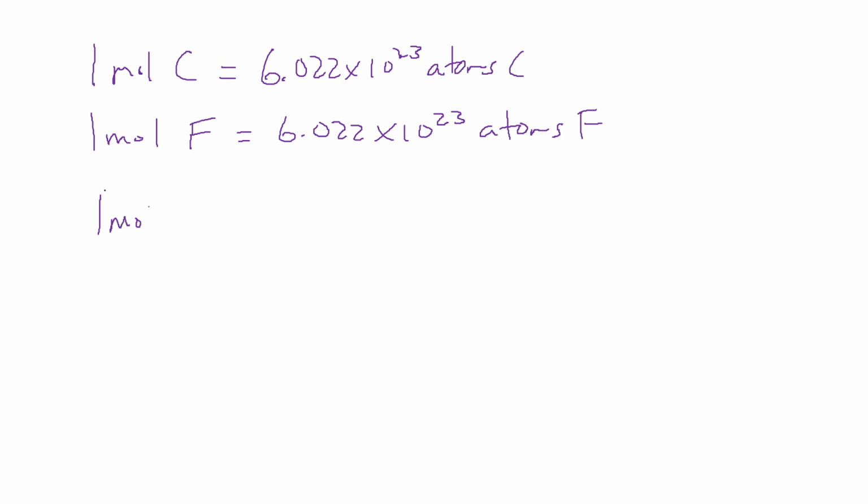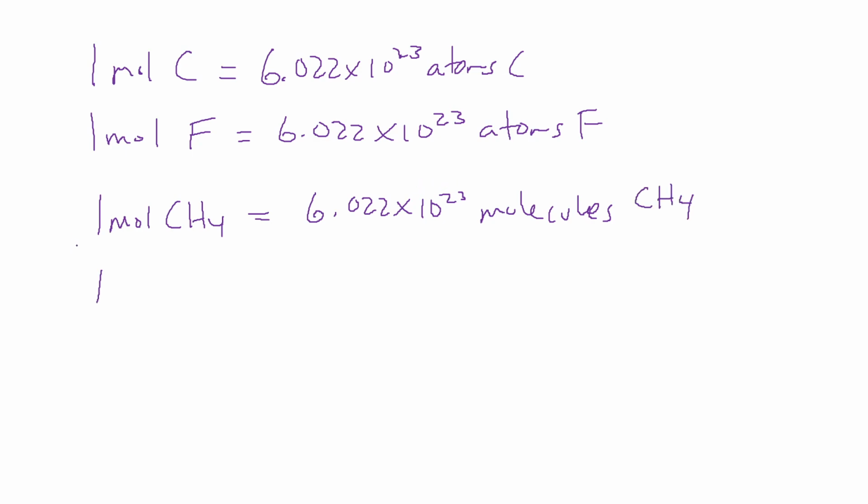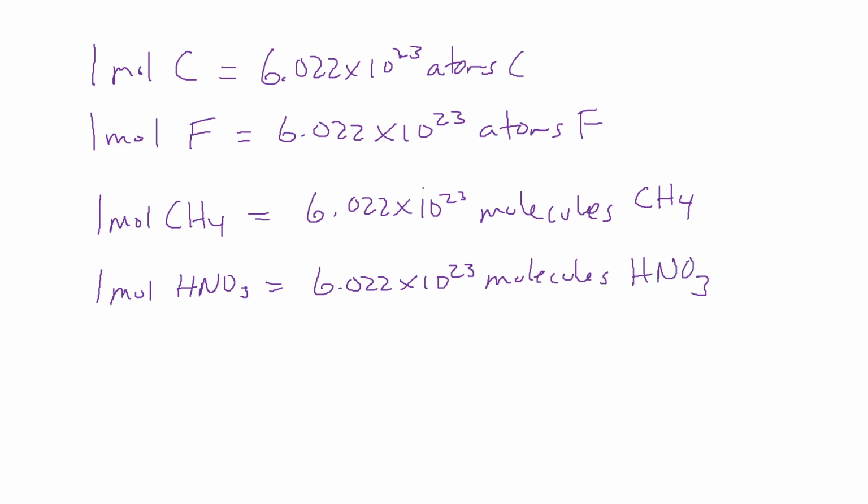You could also, again, do it for any type of compound. 1 mole of methane would have 6.022 times 10 to the 23 molecules of methane. 1 mole of nitric acid would have 6.022 times 10 to the 23 molecules of nitric acid. Again, for all of these equalities, you could write 2 conversion factors to convert.